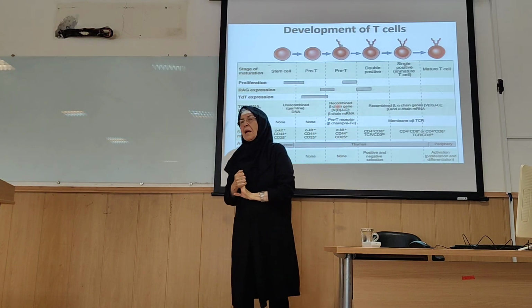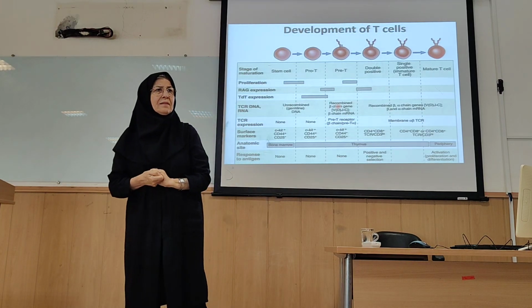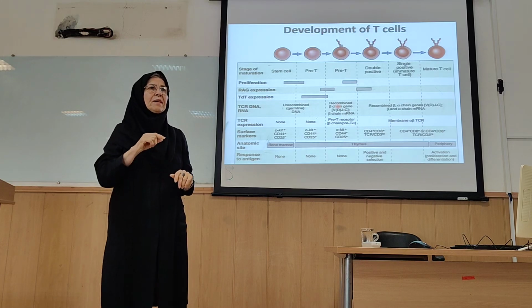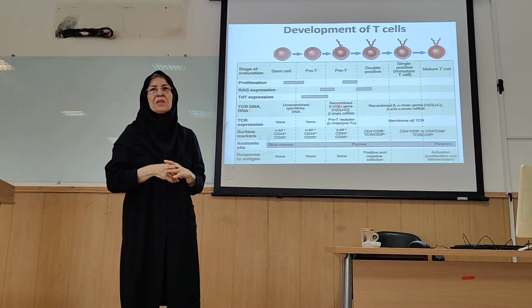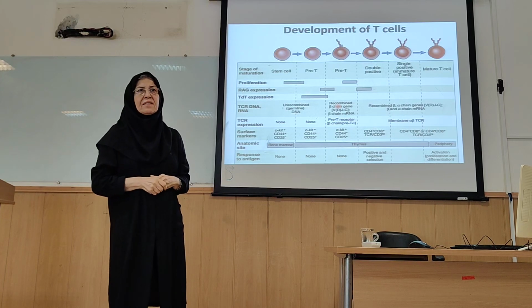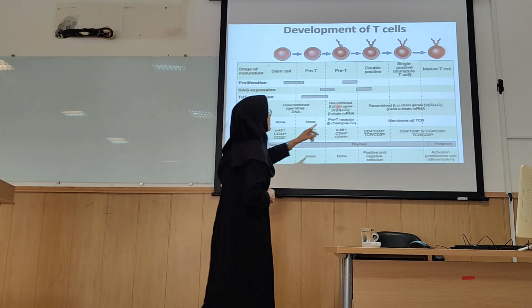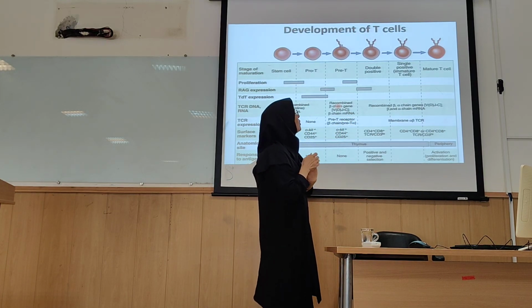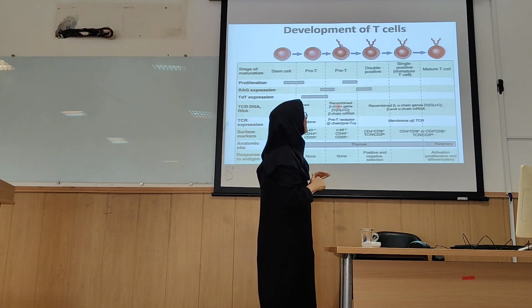Do you know what the double positive T cell is? Double positive T cells express both CD8 and CD4 on their surfaces. This is double positive, which expresses CD4 and CD8.